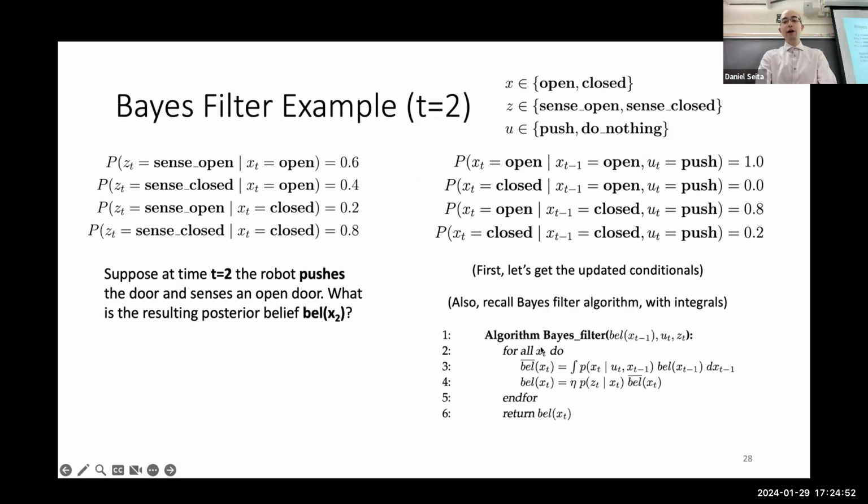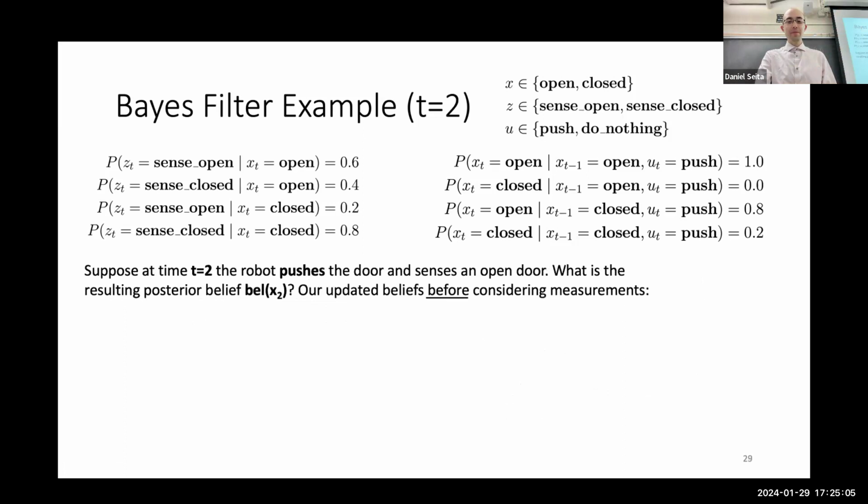And again, the Bayes filter algorithm, I'll show it here so that you can see it, although if you already printed it out, then you've already gotten the algorithm. At time t equals 2, the robot pushes the door and senses an open door. So what is the resulting posterior belief?